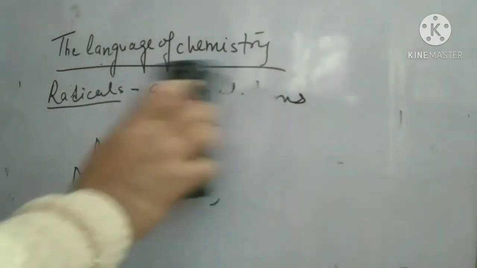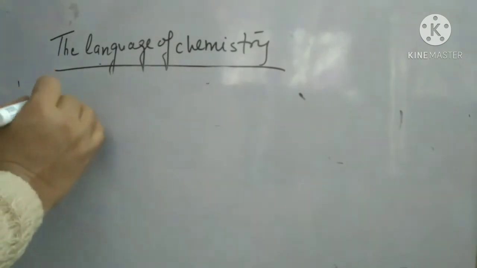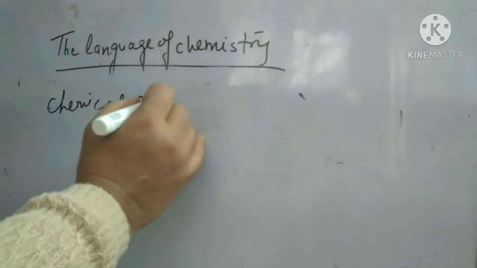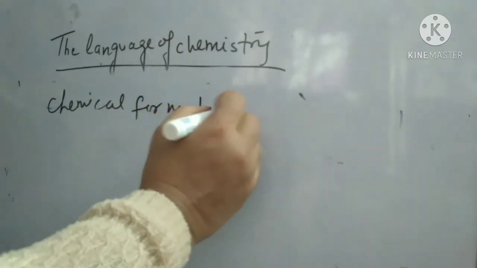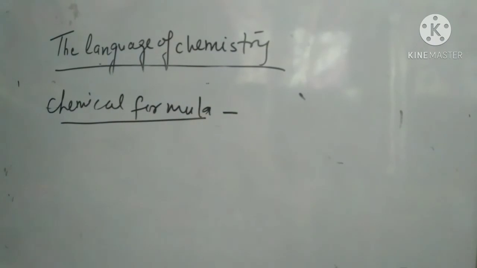Now coming to the next topic, that is chemical formula. So what is a chemical formula? A chemical formula is the representation of a molecule of a substance, that is element or compound, by symbols.